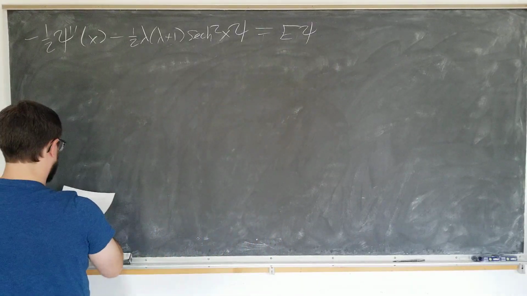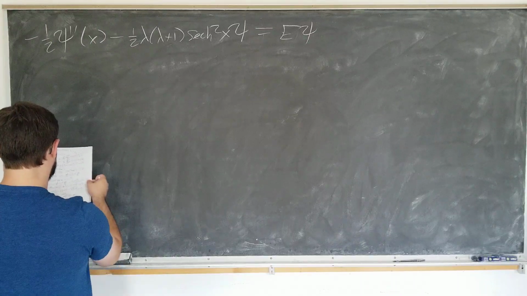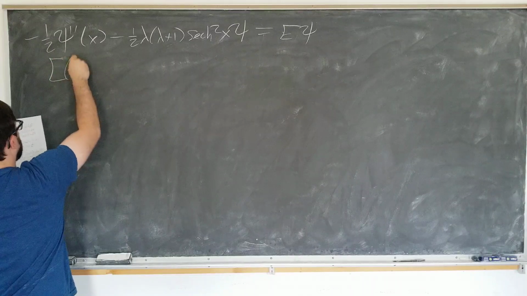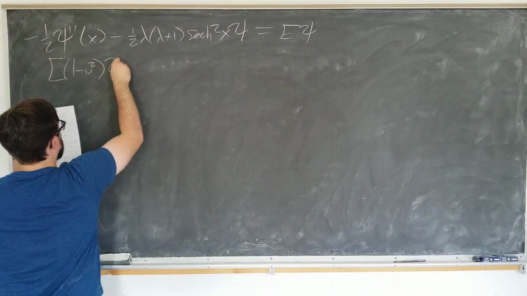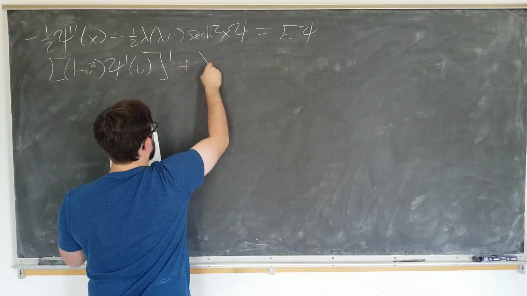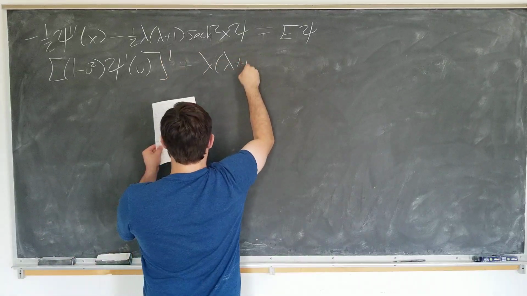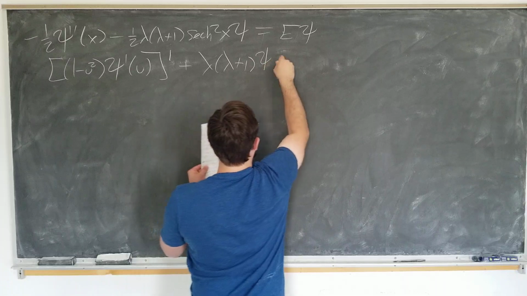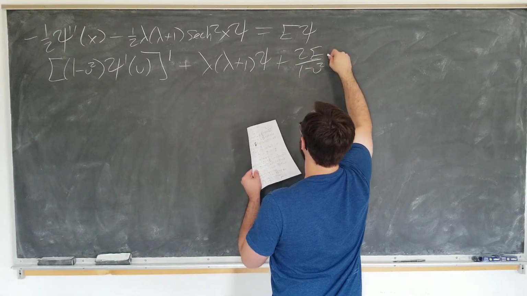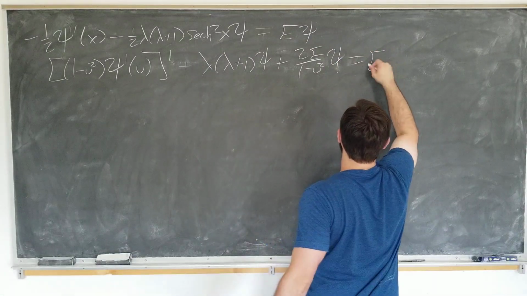Okay. So the u space differential equation is going to be 1 minus u squared psi prime of u prime plus lambda plus 1 psi plus 2E over 1 minus u squared psi is equal to E psi.